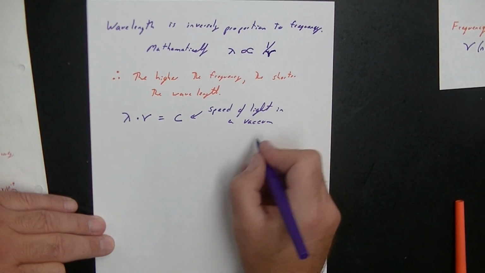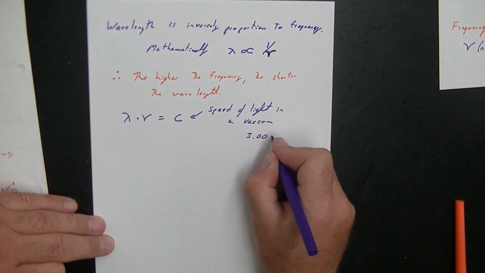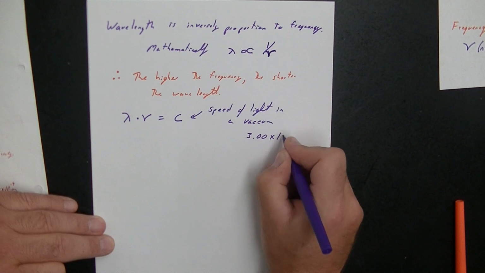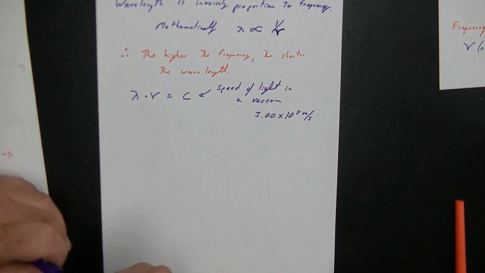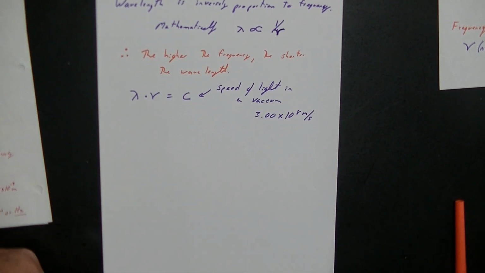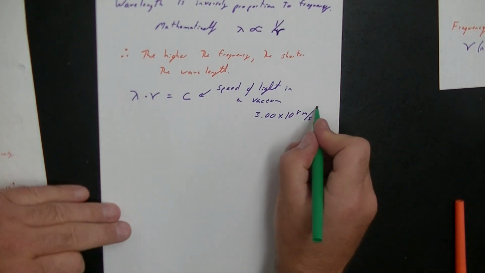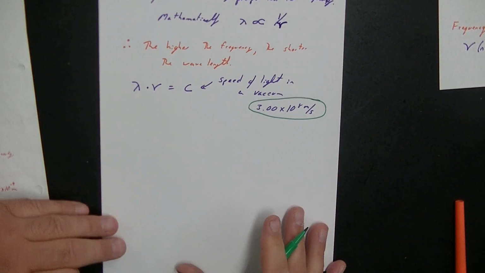And the speed of light in a vacuum is 3.00 times 10 to the 8th meters per second. And you should definitely know this number, okay, because we'll be using it.